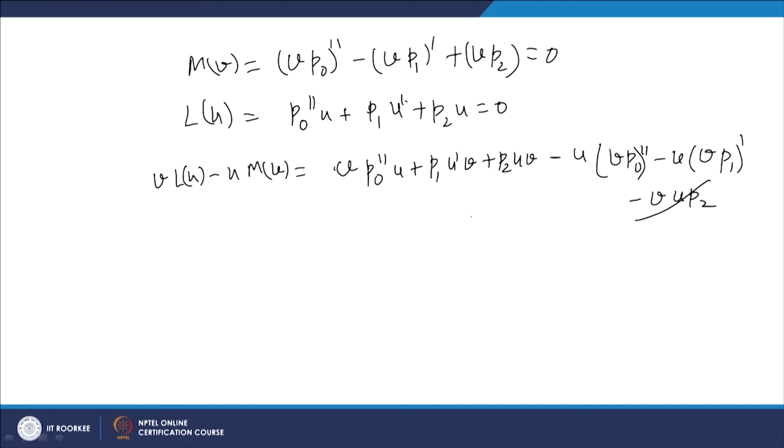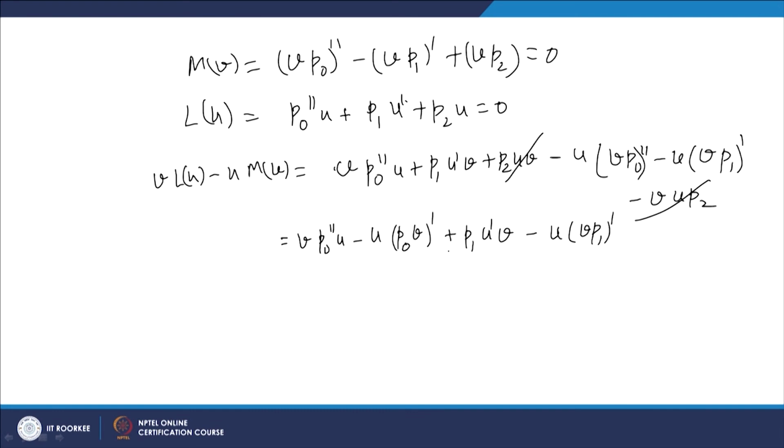So this will cancel out here, and what is left is v P0 u double dash minus u P0 v double dash plus P1 u dash v plus u v P1 dash.